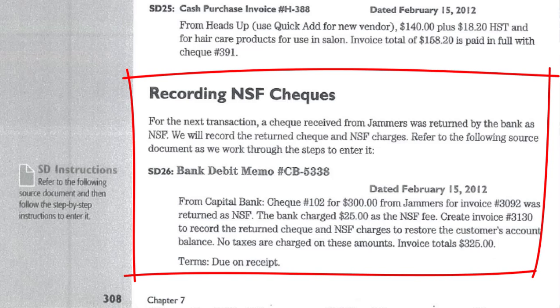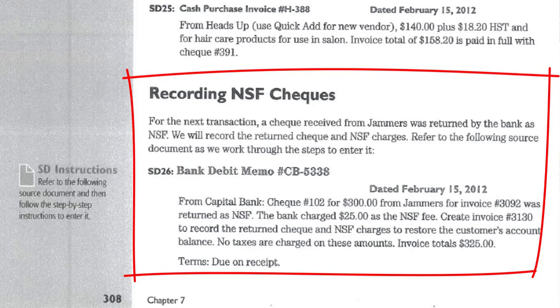So, recording NSF checks. For the next transaction, a check received from Jammers was returned by the bank as NSF. We will record the returned check and NSF charges. Refer to the following source document: SD26, Bank Debit Memo, CB5338, dated February 15, 2012, from Capital Bank.